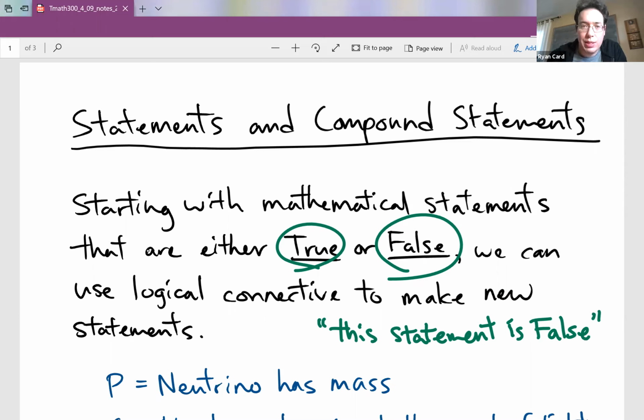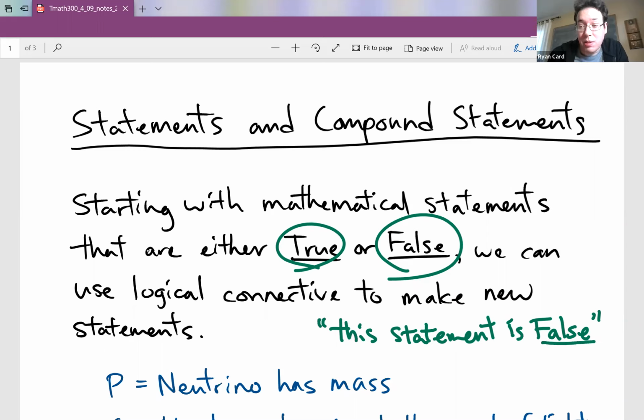This is a version of what's called the liar's paradox. If you try to consider the statement either true or false, you can get yourself in a loop where neither could be true. If the statement was true, then it should have been false.